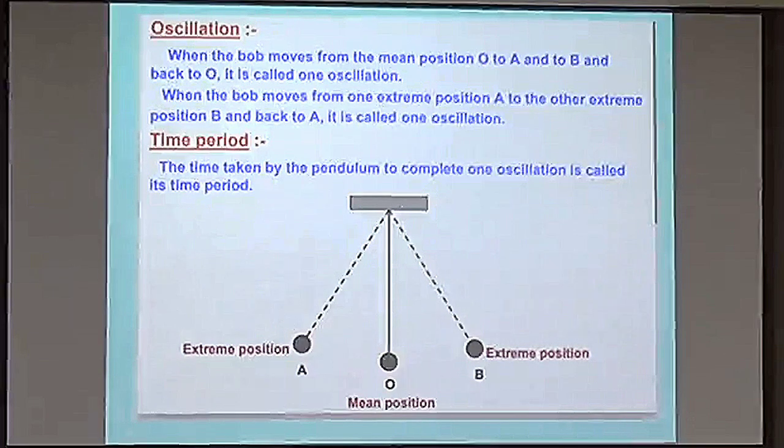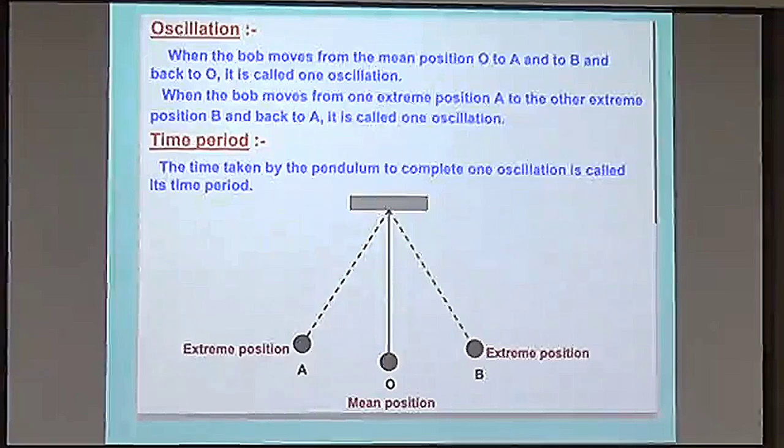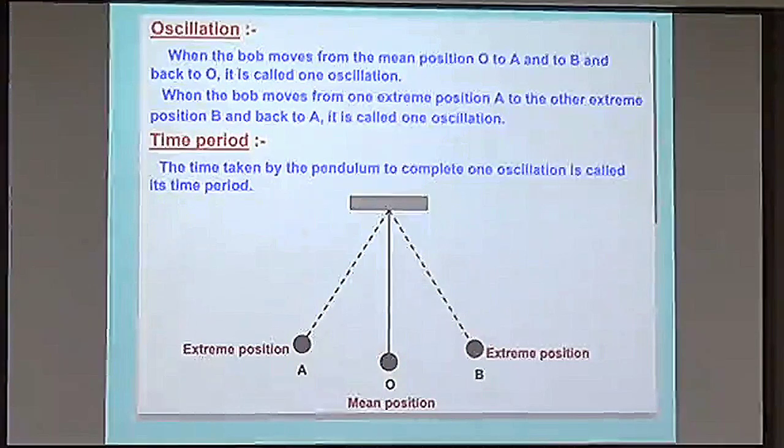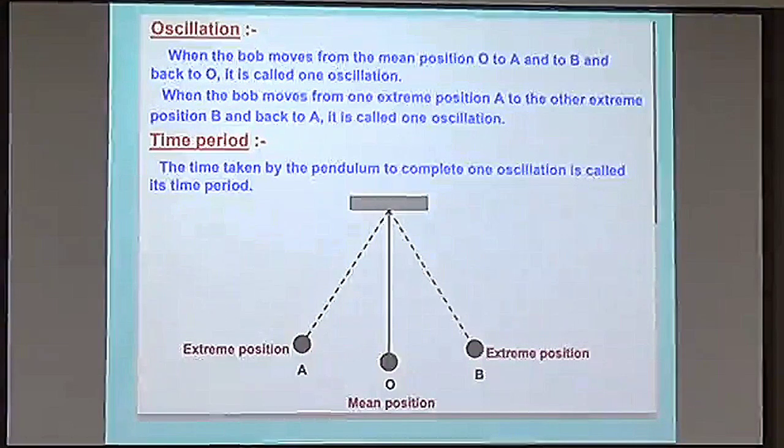When the bob moves from the mean position O to A, the first extreme position, then goes from A to B, that is from one extreme position to the other extreme position, and comes back to O, it is called one oscillation. When the bob moves from one extreme position A to the other extreme position B and back to A, this is also called one oscillation.